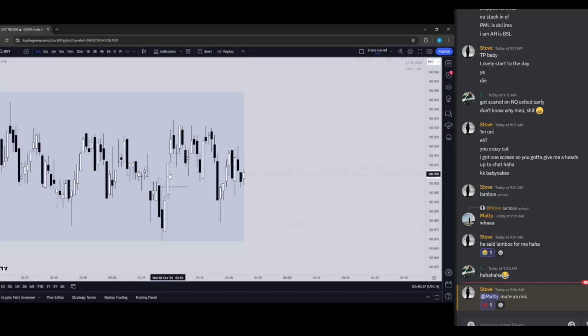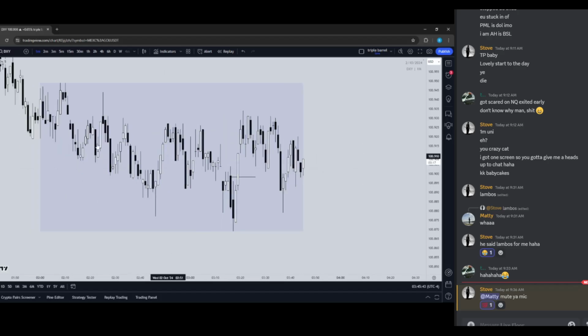This is an imbalance, and essentially all this is too many buyers and not enough sellers, right? So something's happened where we go below a low, then there's obviously orders being executed where it's like, if it goes below this level, execute.